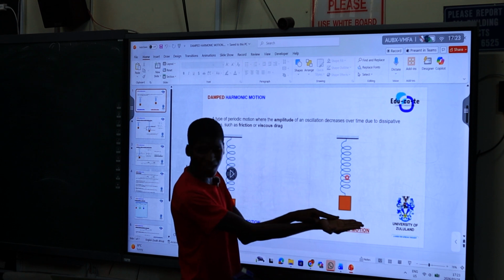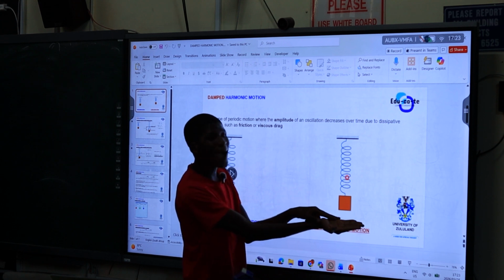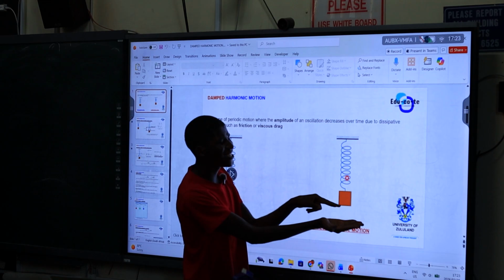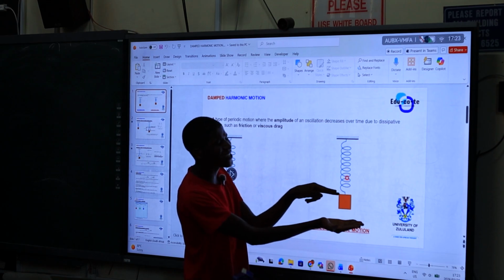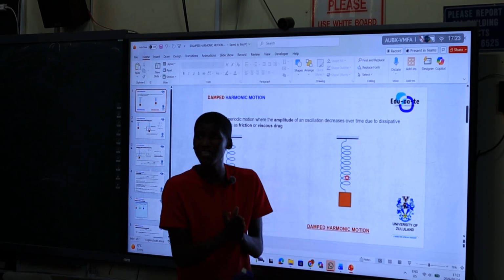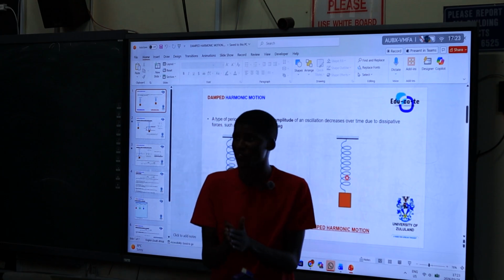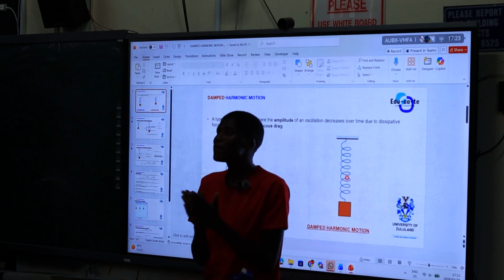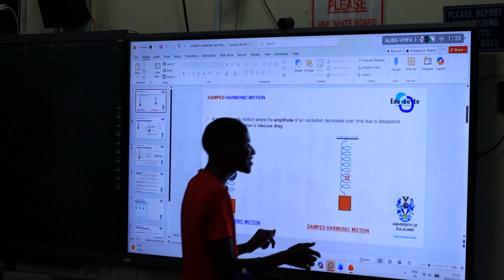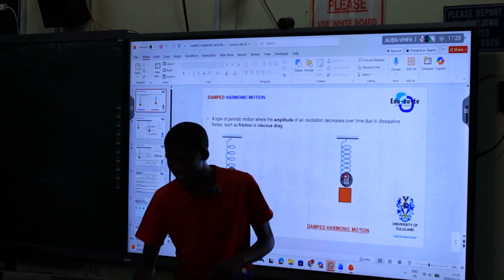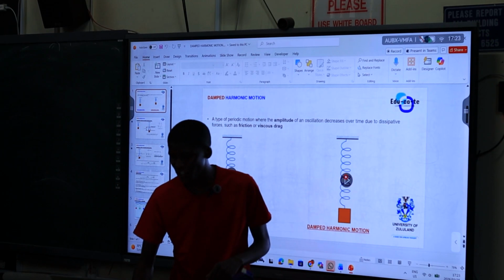If you observe carefully, it's reaching the point, but it is not reaching the point anymore, in such a way that it will end up stopping. This is damped harmonic motion. The amplitude is decreasing. So let's try to make a schematic sketch of this.